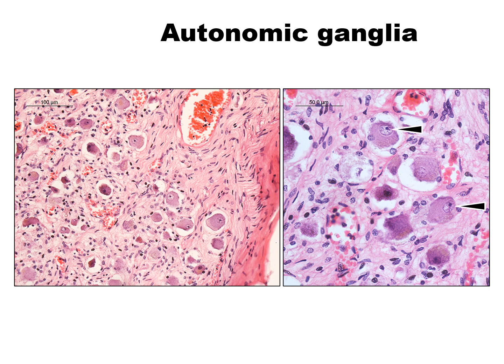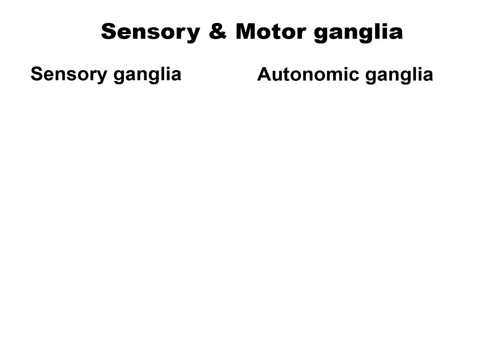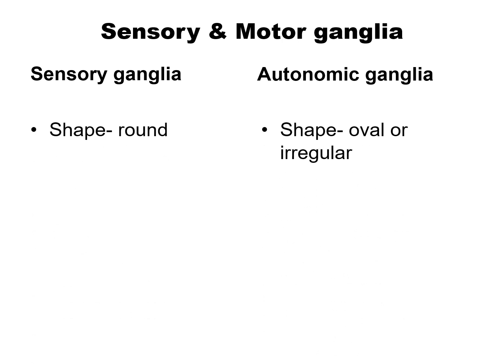Now we'll see, this is showing the neurons and the position of the nucleus. Now we'll see the difference between the sensory and autonomic ganglia. The shape in the sensory ganglia is round, but in the autonomic ganglia, it is oval or irregular.